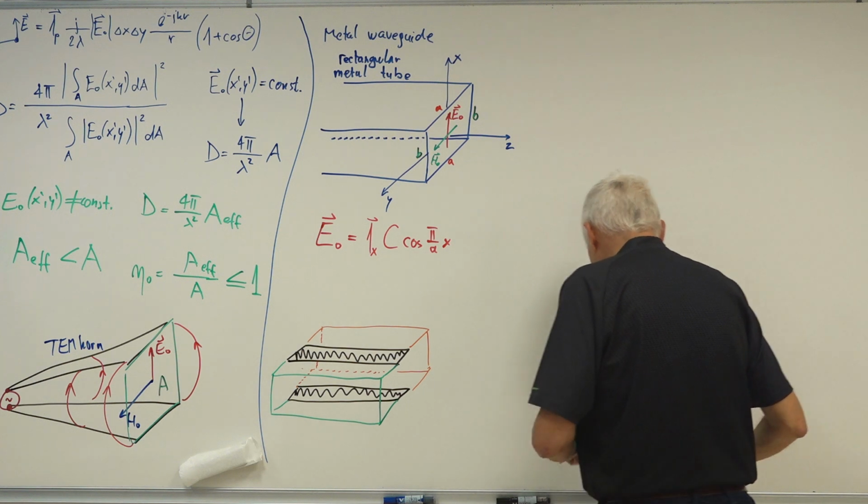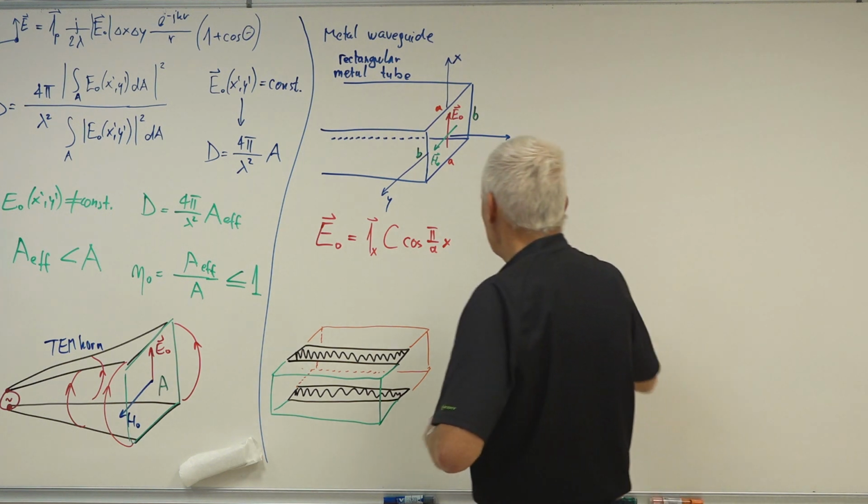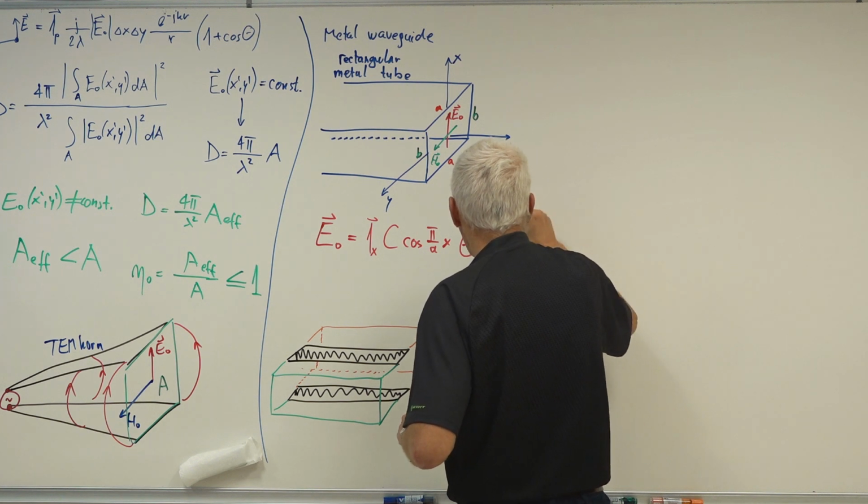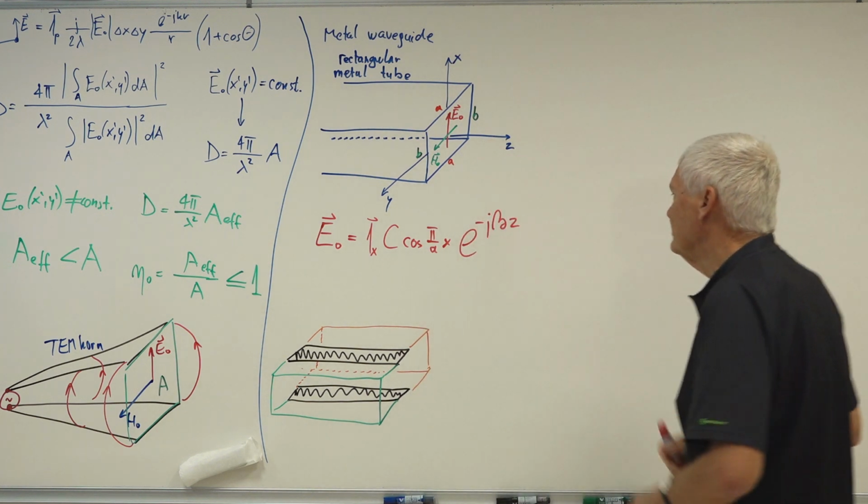And we also have the delay, e to the minus j beta z, where beta is the phase constant.